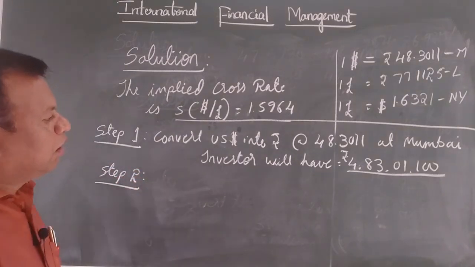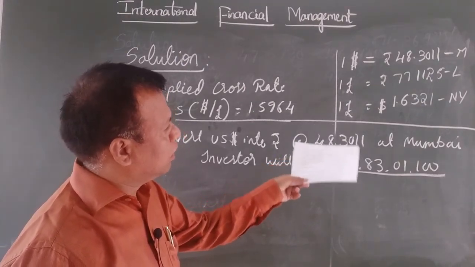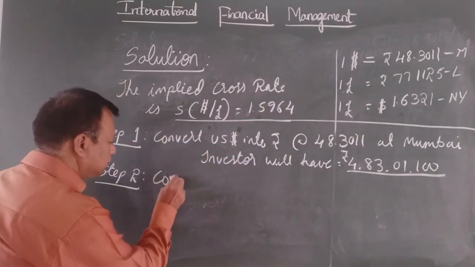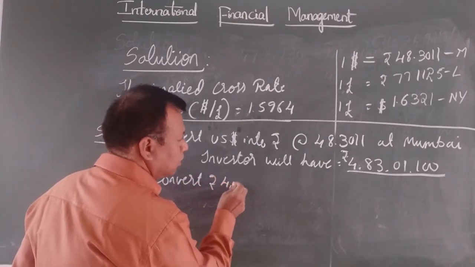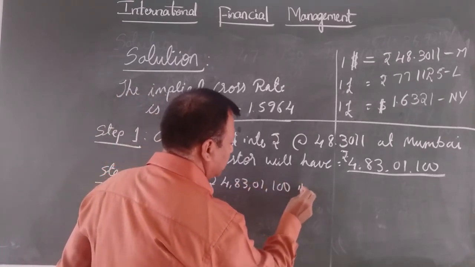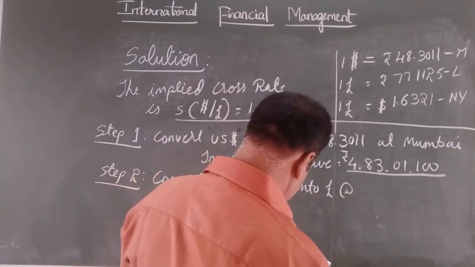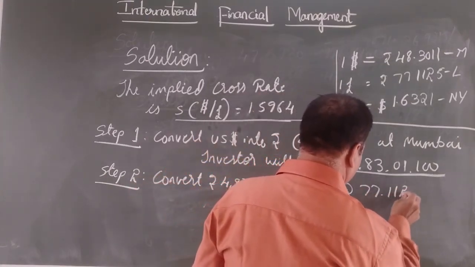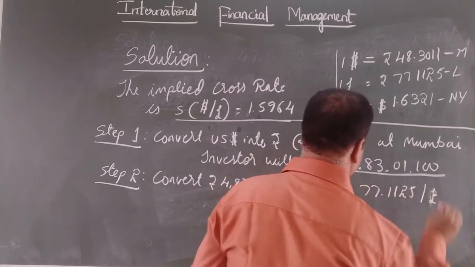Step 2: now we have rupees. We should understand where we have a relationship between rupee and another currency. Rupee and dollar we already finished, and rupee and pound we have a relationship, right? Convert rupees 4,83 lakh 1,100 into pounds at the rate of 77.1125 per pound.